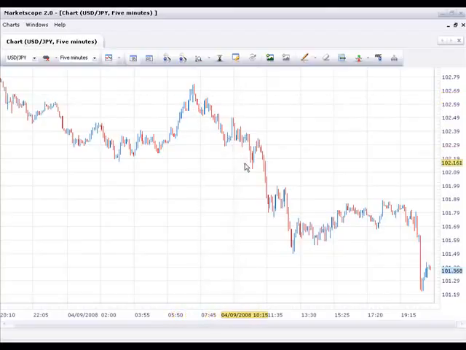And then we can see right after that that the dollar sold off rather aggressively against the yen, or weakened against the yen, as the price comes down there. Okay, so same thing. It's just this time the dollar is the base currency instead of the euro.